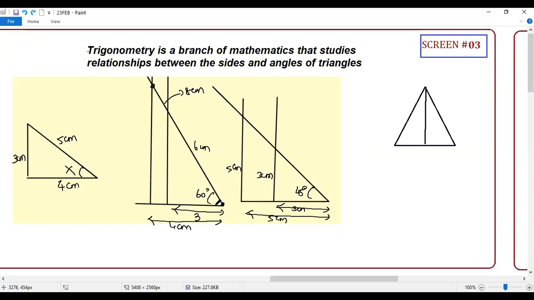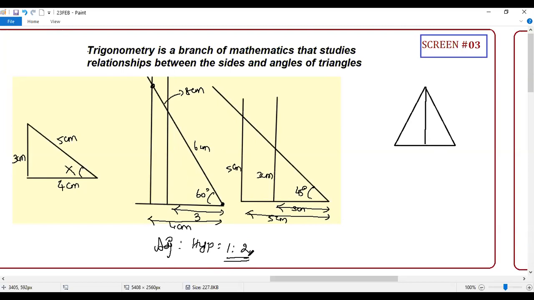When it is 60 degree, adjacent side upon hypotenuse is always 1:2. Correct or not? In 60 degree, adjacent to hypotenuse is always 1:2. This is called a ratio.